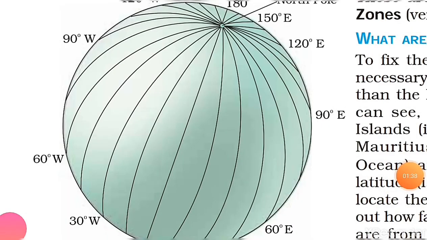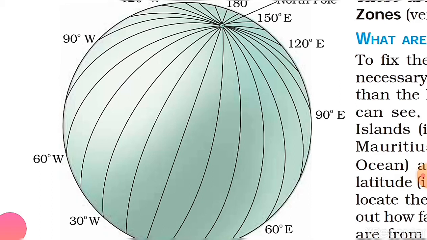Longitude lines help you to find the distance between two places. We must find out how far east or west these places are from a given line of reference running from the North Pole to the South Pole.